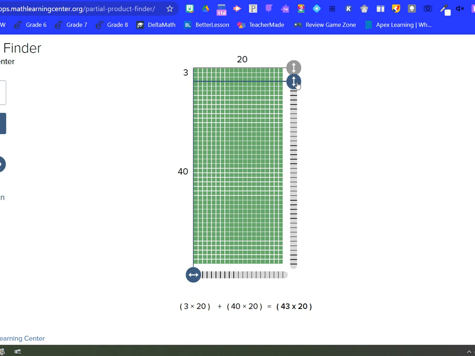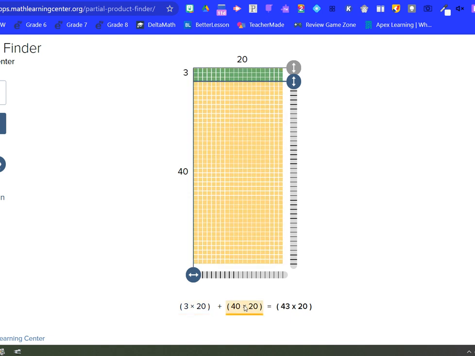Notice by doing that, down below, you can see we have 3 times 20. Well, what is 3 times 20? Absolutely, it's 60. And then we can look at the second part of it, and we have 40 times 20. What's 40 times 20? Well, what do we do with those zeros?